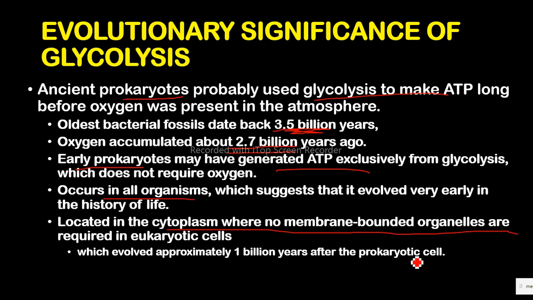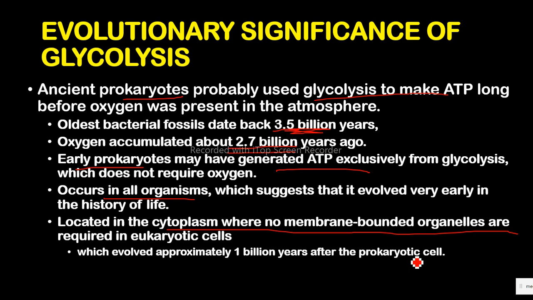So now, because these early prokaryotic cells hadn't evolved the mitochondria, okay? You can read about the endosymbiotic theory and see how the mitochondrion and the chloroplasts evolved into the eukaryotic cells. Probably they depended entirely on glycolysis.